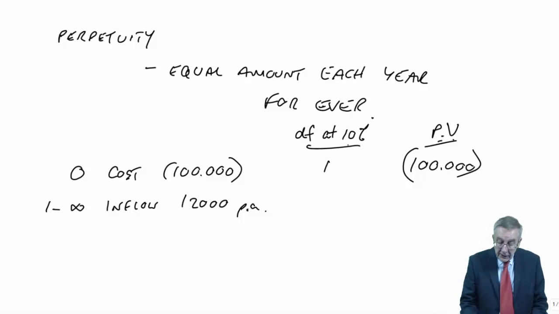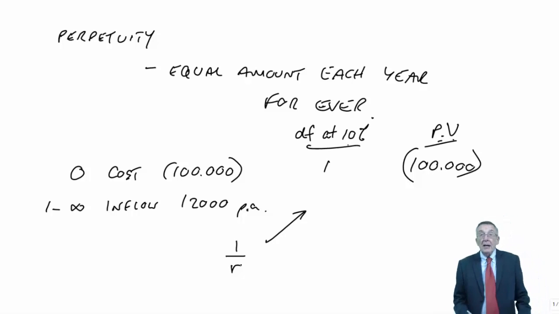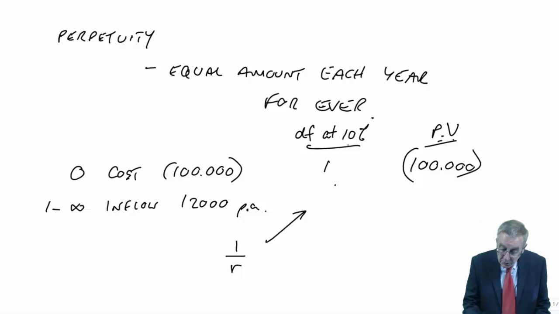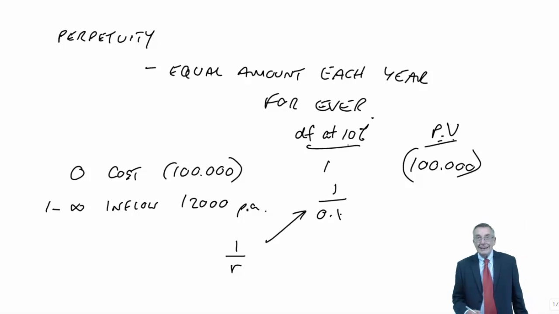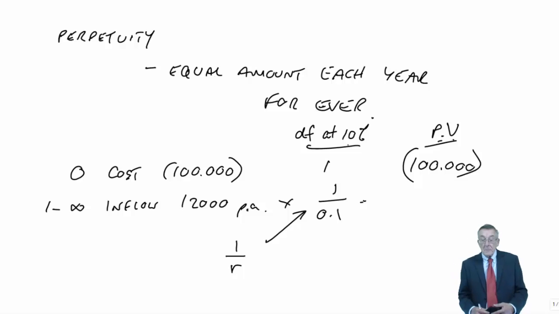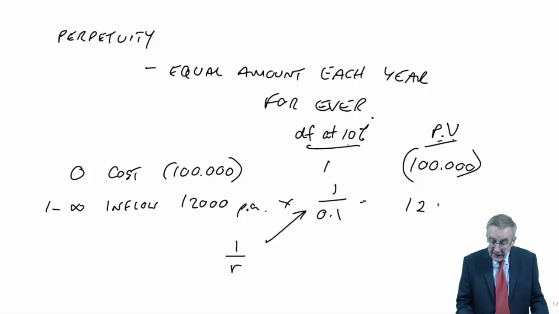The discount factor for perpetuity is 1 over R, where R is the rate of interest. So we write it as 1 over 0.1. We always multiply by the discount factor. But when you come to do it on your calculator, you're dividing by 0.1. So the present value is 120,000.